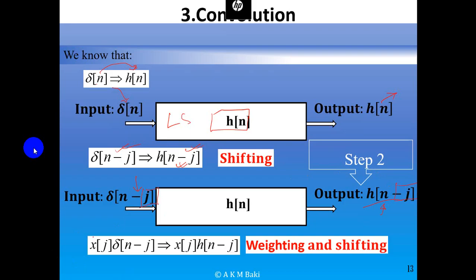Now, as also discussed, a shifted and scaled delta function at the input will produce a shifted and scaled impulse response at the output. So this is the case for one input sample, or one impulse. You can consider either case.